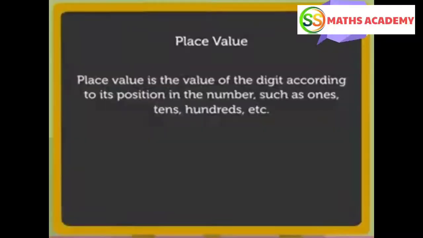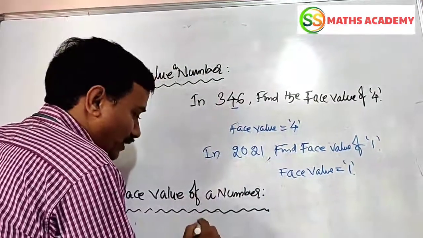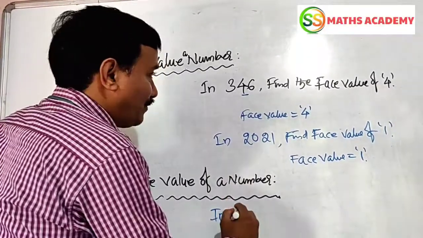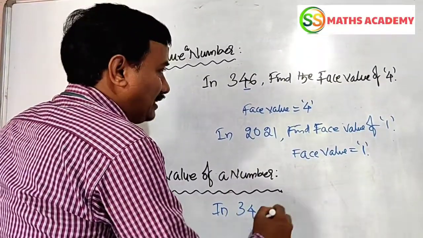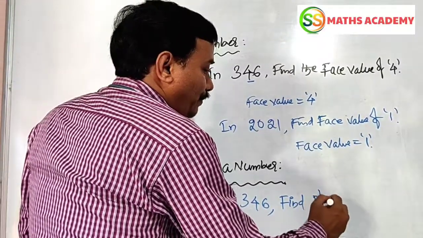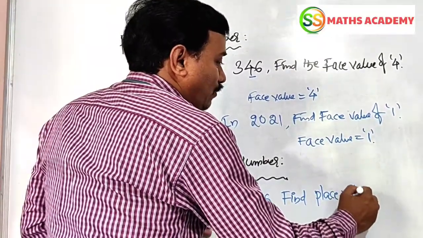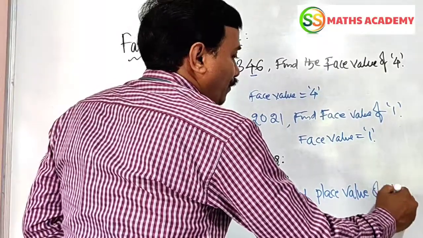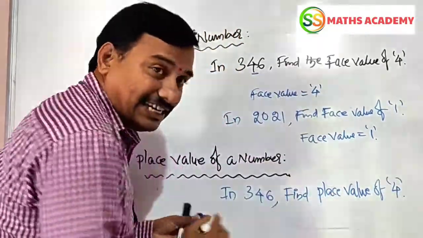See one example. I am going to take the same example because it is better for you to understand. In 346, find the place value of 4. Same question I have taken here.